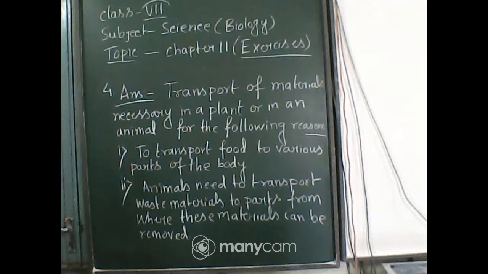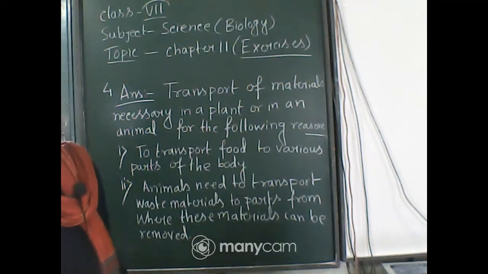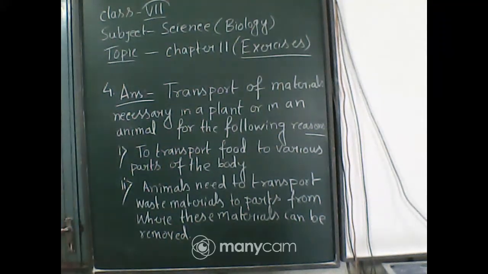So the main two reasons for the transport of materials being necessary in a plant or in an animal are: to transport food to various parts of the body, and animals need to transport waste materials to parts from where these materials can be removed. Okay. Any problem? Please write it down.